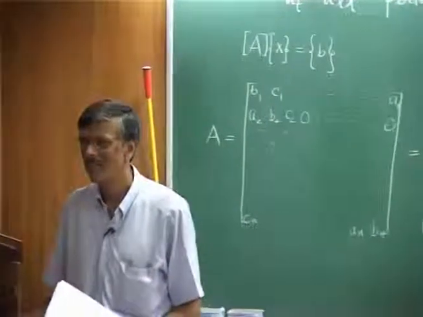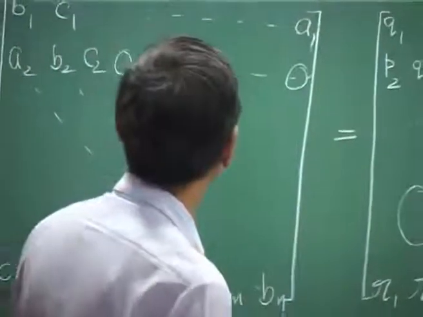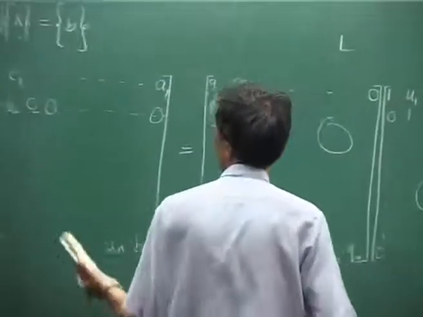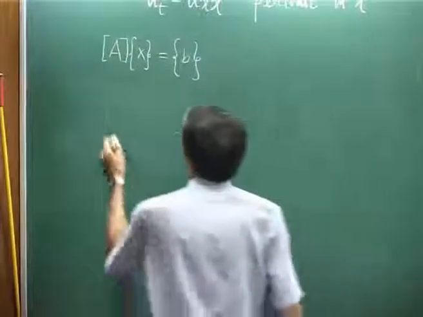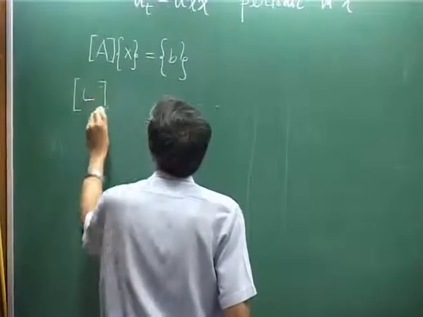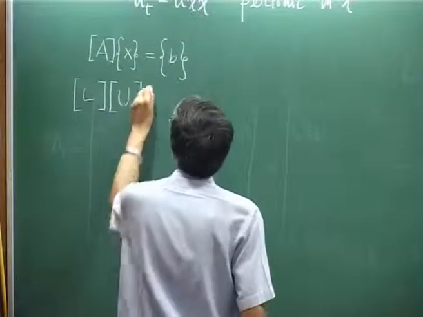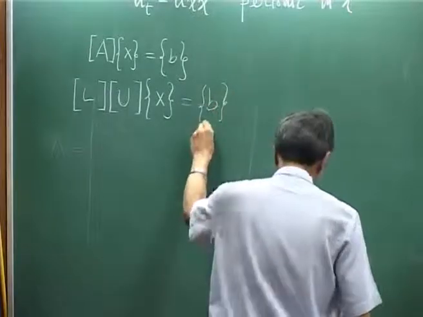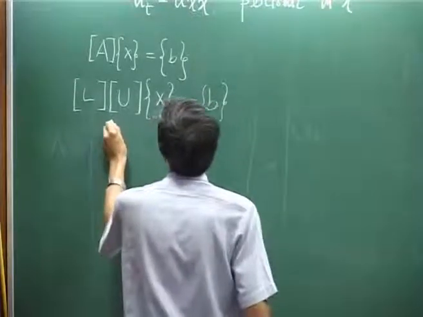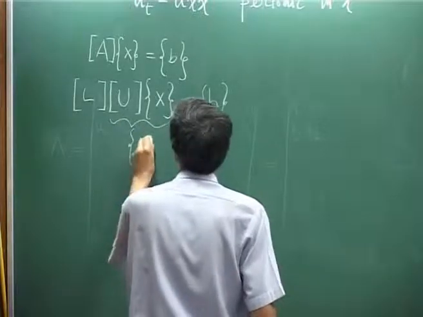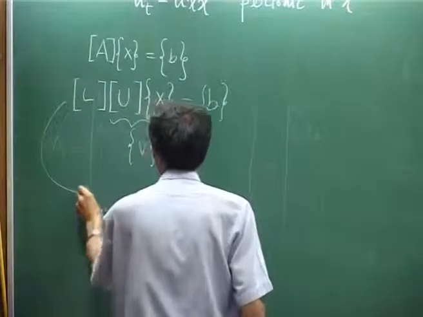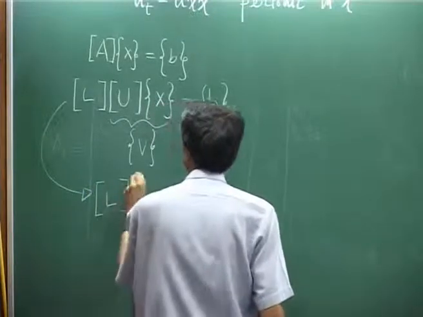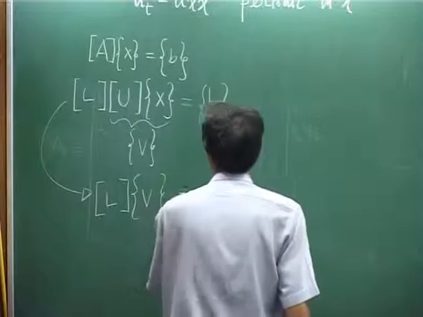Having done that, you can follow the same procedure of solving those equations that we have done for the non-periodic case also. You recall that we wrote L times U multiplying x is equal to the b vector, and then if I define U x as some v vector, then this equation implies L times v is equal to b.